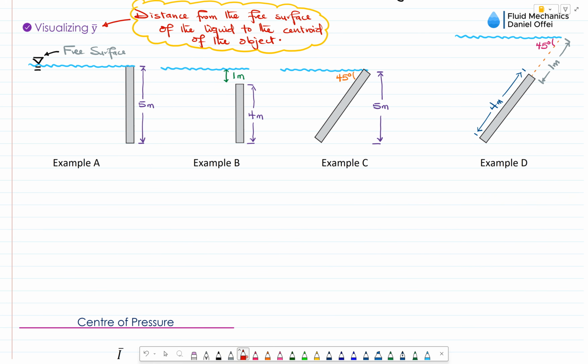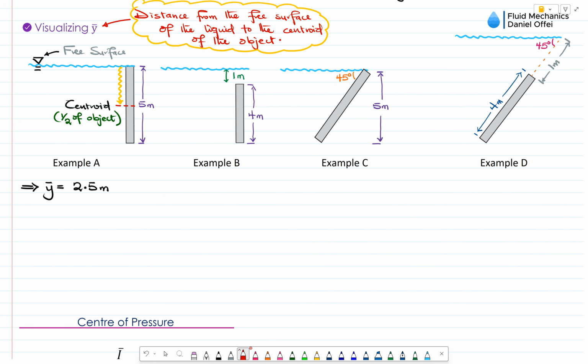Now for the first example, the centroid of the object is just half of that object, and we said y bar is the distance from the free surface to the centroid of the object. So we can just state that y bar equals 2.5 meters.